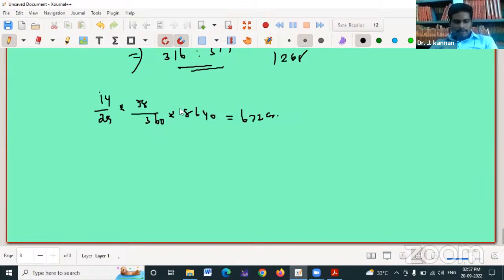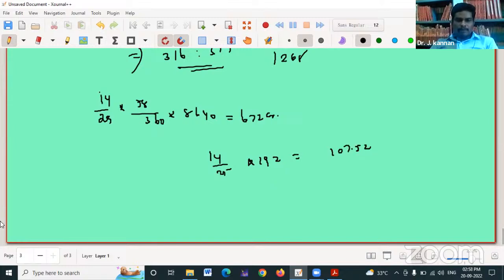The profit of Y in 13 to 14 is 14 overall 29 into 192 crore. The answer is 107.52.